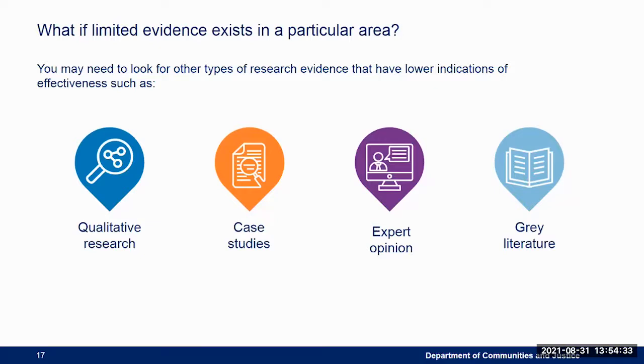You're not going to have systematic reviews, meta-analyses, RCTs, or quasi-experimental designs. You're going to have to look at the qualitative research, the case studies, the expert opinion, and the grey literature. This other evidence is really important when it's an emerging demand, something new that hasn't existed before, and it gives us a little more direction on where to go with program design.